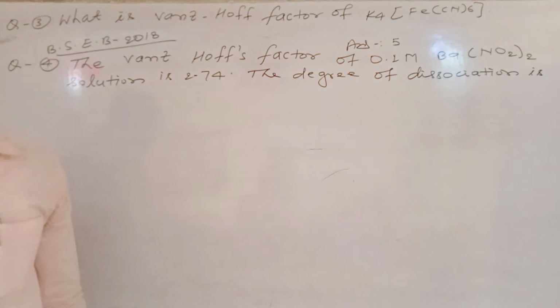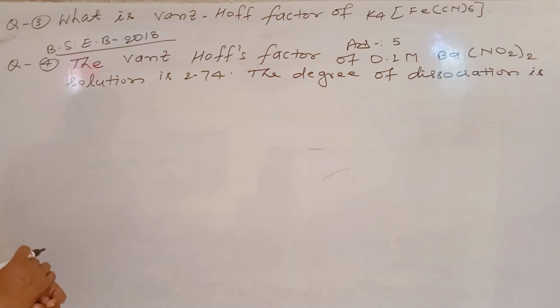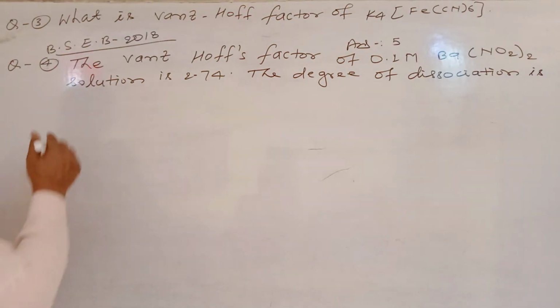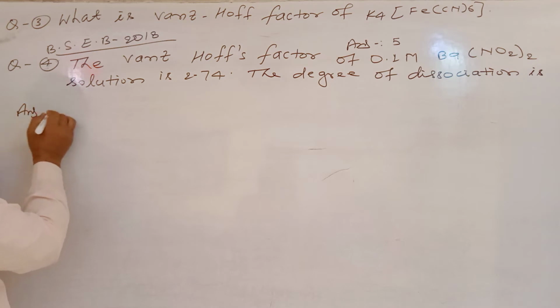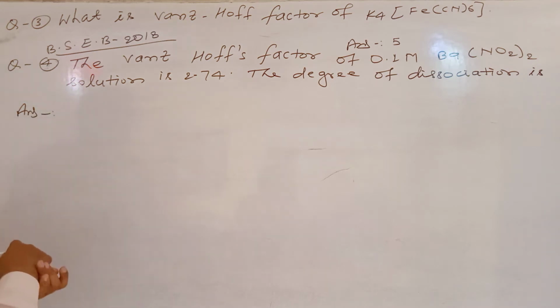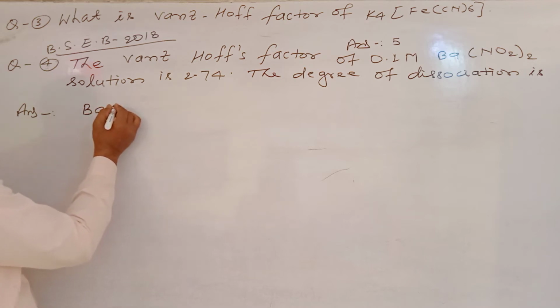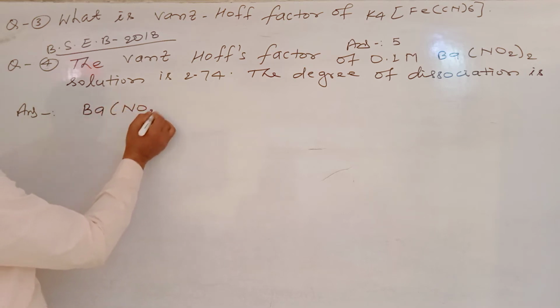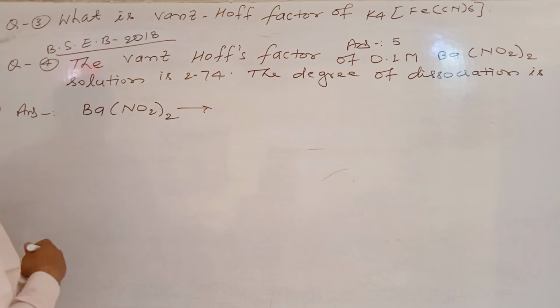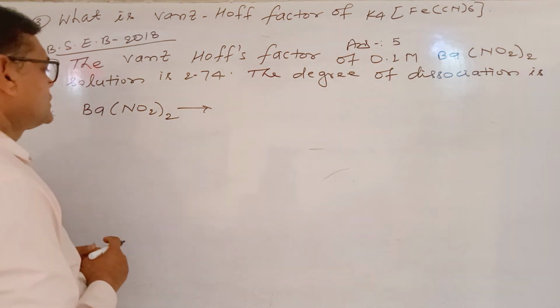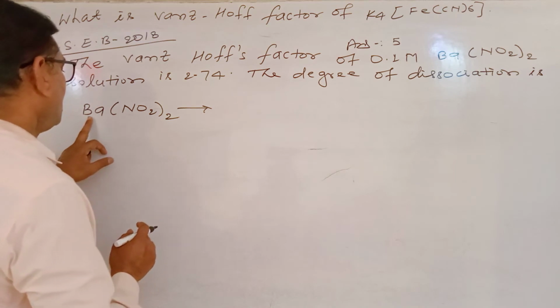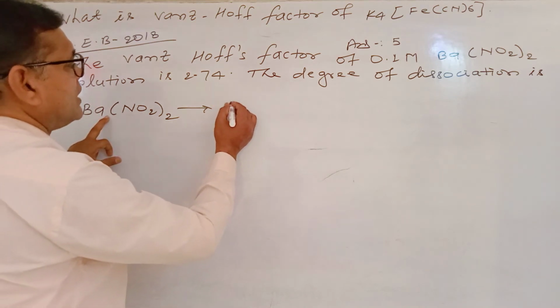Now degree of dissociation is asked. First of all, we calculate number of ions in the solution. Here we write barium nitrite and dissociate in ion. Number of Ba is 1. Here we write Ba.